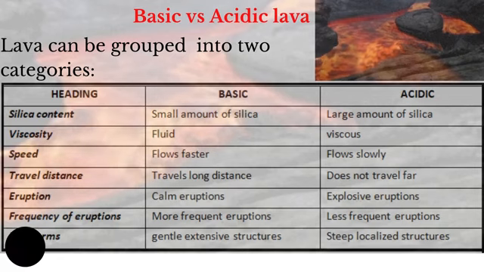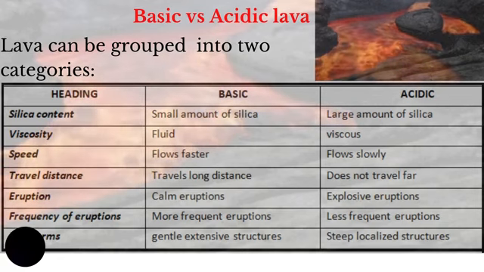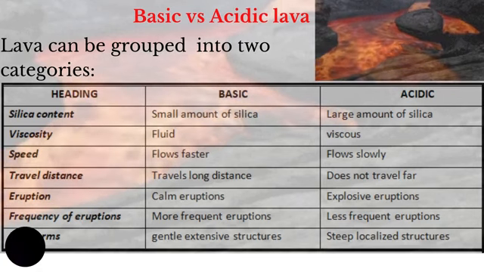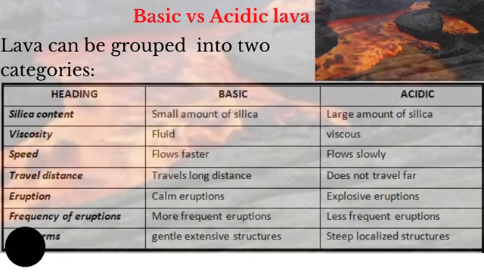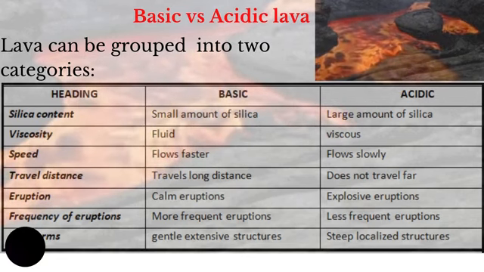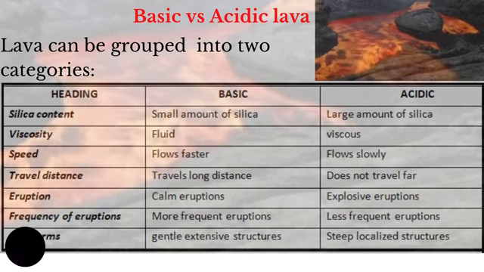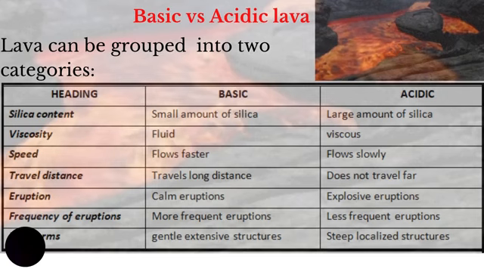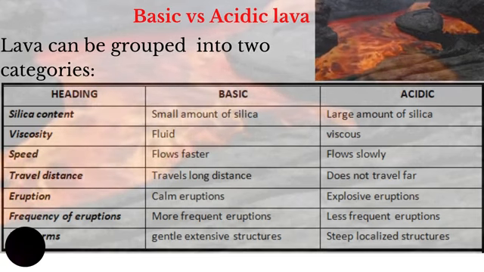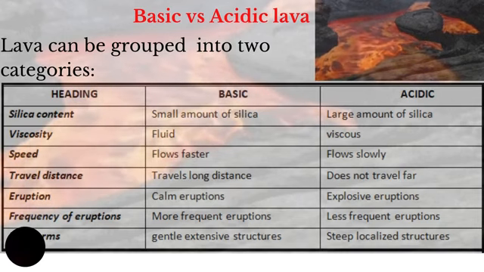Molten material inside of the earth is called magma. Molten material on the surface is called lava. And lava is of two types: basic lava and acidic lava. Basic lava is hotter than acidic lava.